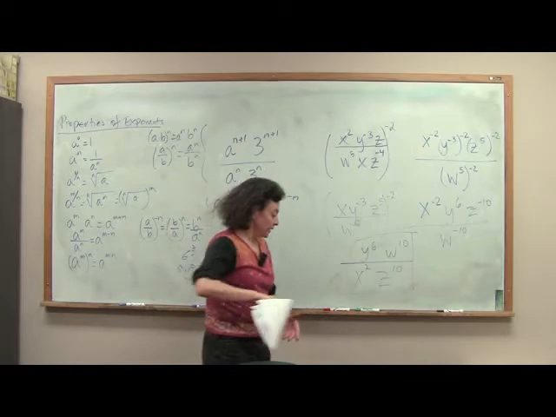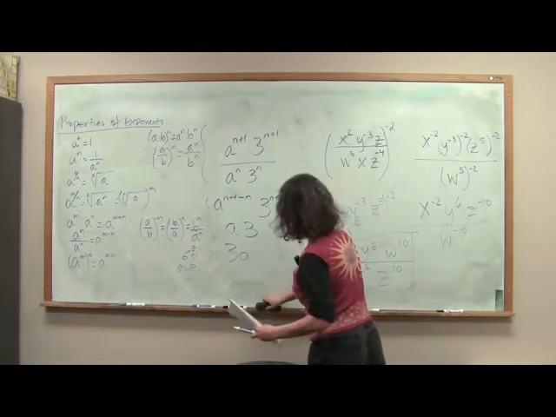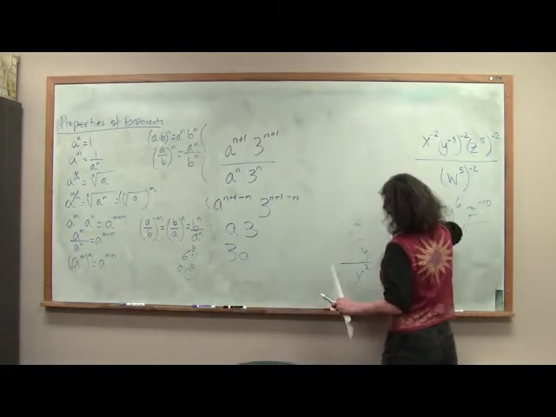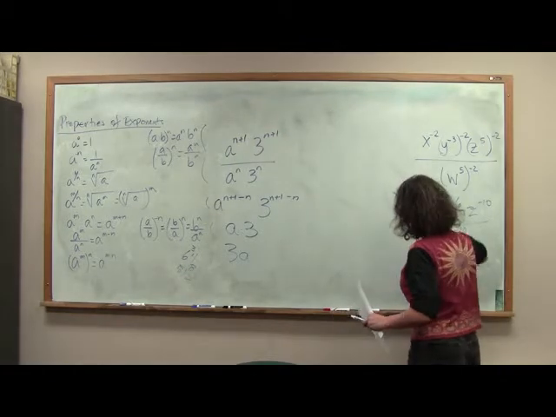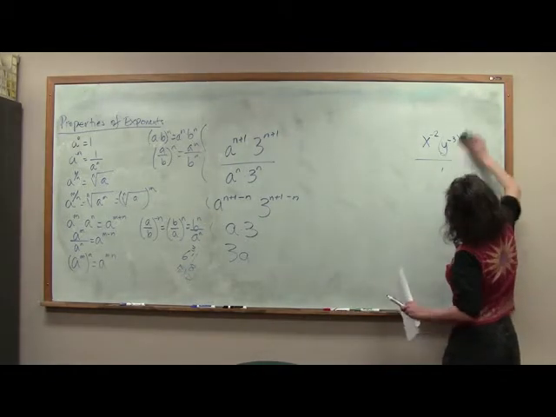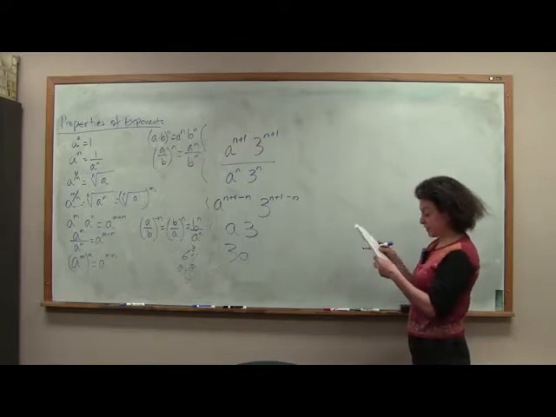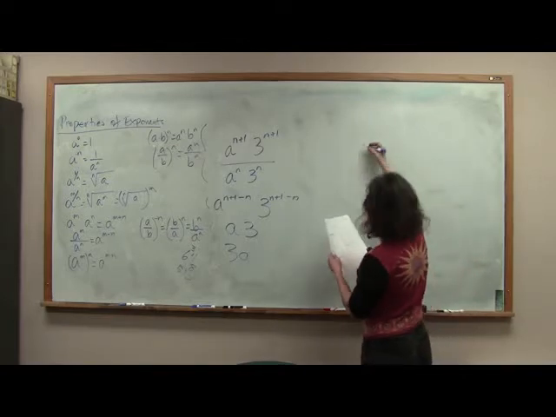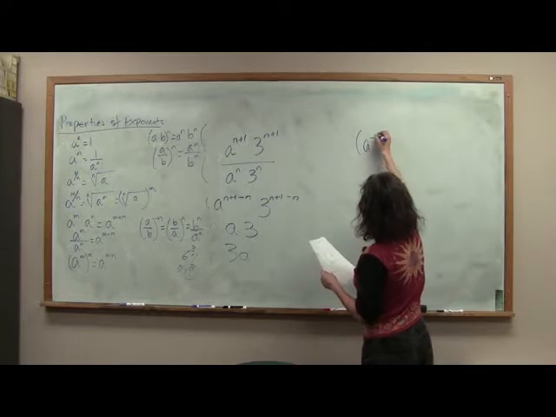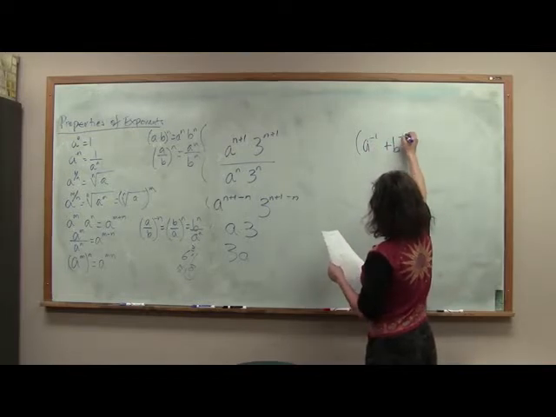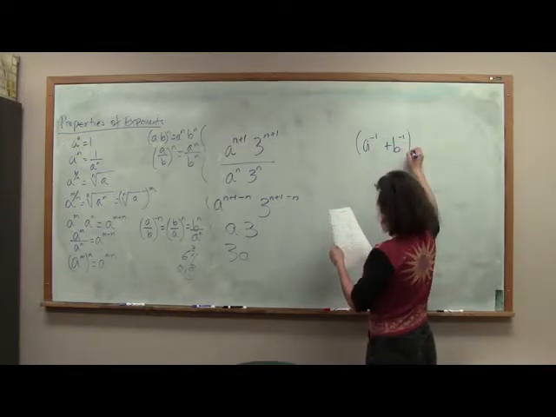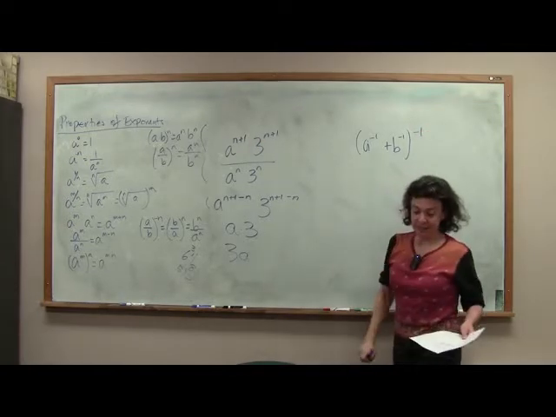Okay? All right, so the last exercise that we're going to do here is as follows. What we want to do is simplify as best we can a to the negative first plus b to the negative first, that whole thing raised to the negative first power.